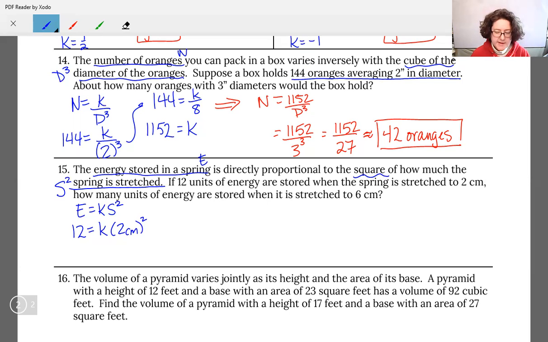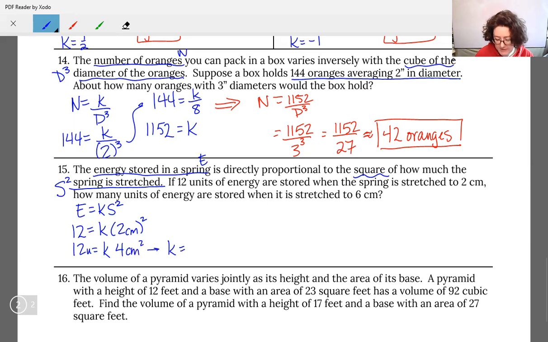And so squaring 2 centimeters, we would get, and then 12 is units of energy, which again, I haven't taken physics in a very long time. So I know that there's a specific unit of energy that we might use. I don't know what that is in this case. So let's just call that U for units. And then 2 centimeters squared would be 4 centimeters squared. And so our K value now becomes, divide both sides by that 4 centimeters squared.